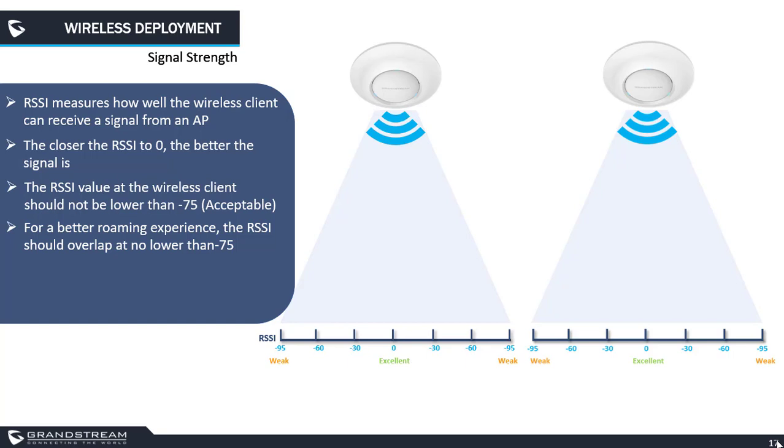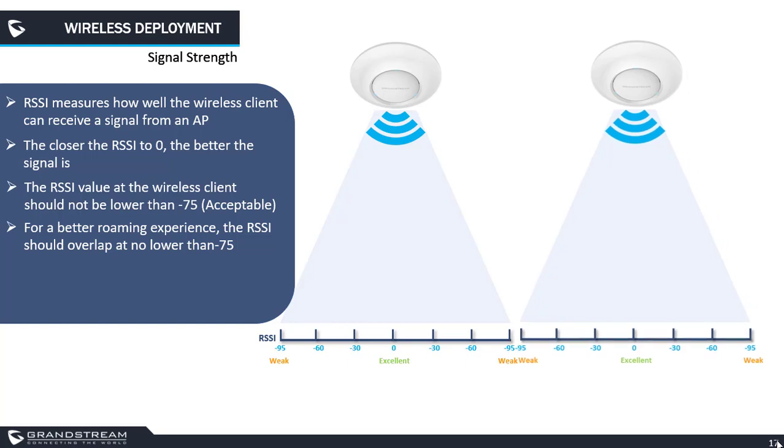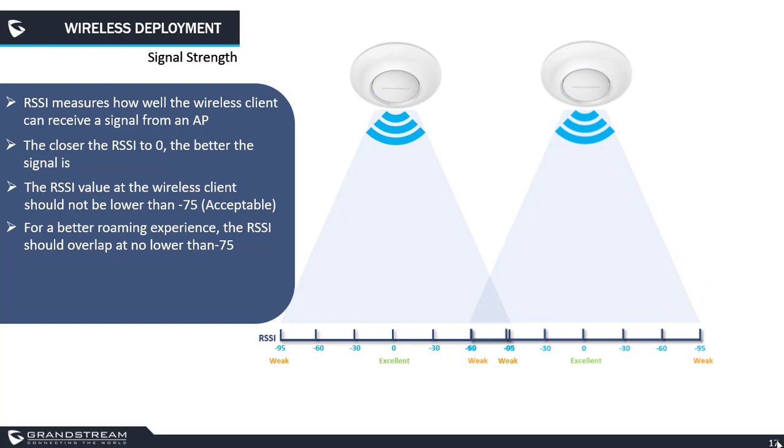To guarantee better roaming experience, the RSSI should overlap at no lower than minus 75. So when you see that the RSSI is minus 75, you want to add another access point and make sure that the adjacent access point is also at minus 75.